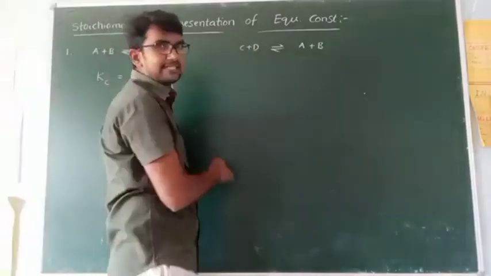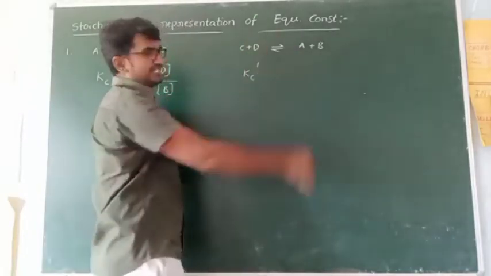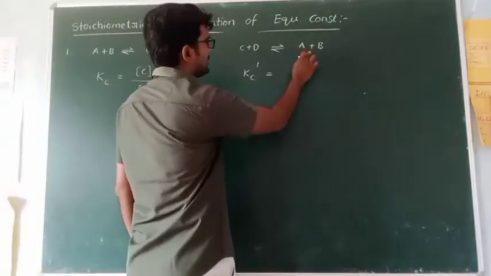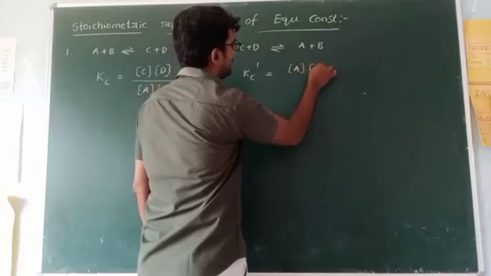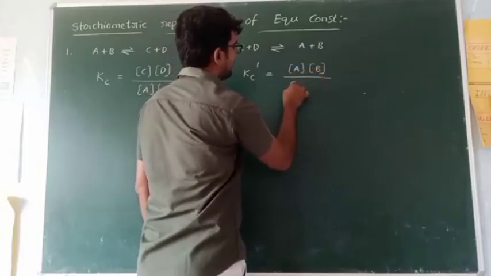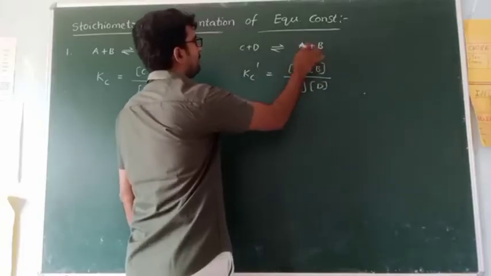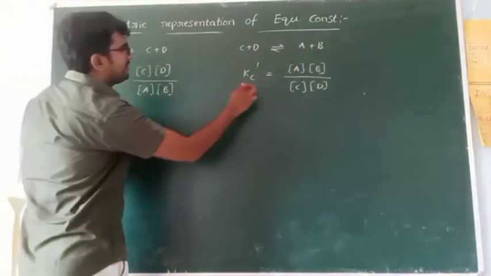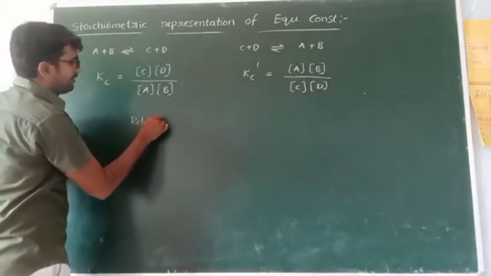Now what about this reaction? The equilibrium constant is taken as Kc dash. Kc dash is equal to concentration of products by concentration of reactants. So concentration of A into concentration of B by concentration of C into concentration of D. The powers are only one, 1 mole each. Okay, then what is the relation between these two? The relation is very simple.